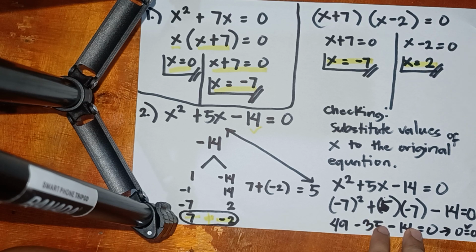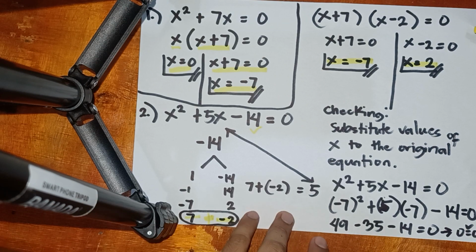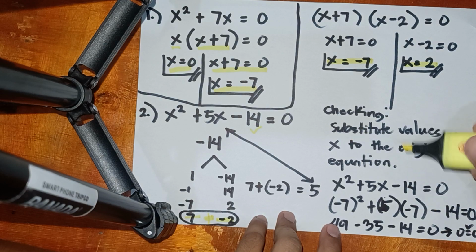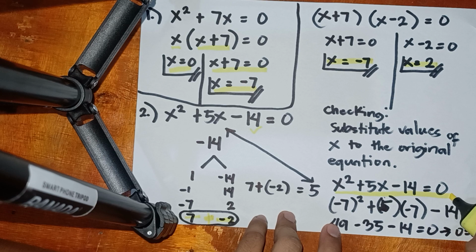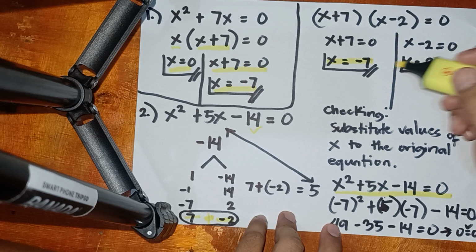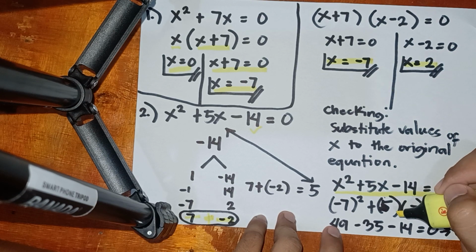Now, for you to verify if the value of x that you got is correct, you need to do checking. First, you substitute the values of x to the original equation. The original equation is x squared plus 5x minus 14 is equal to 0. Let's try negative 7 for this example.